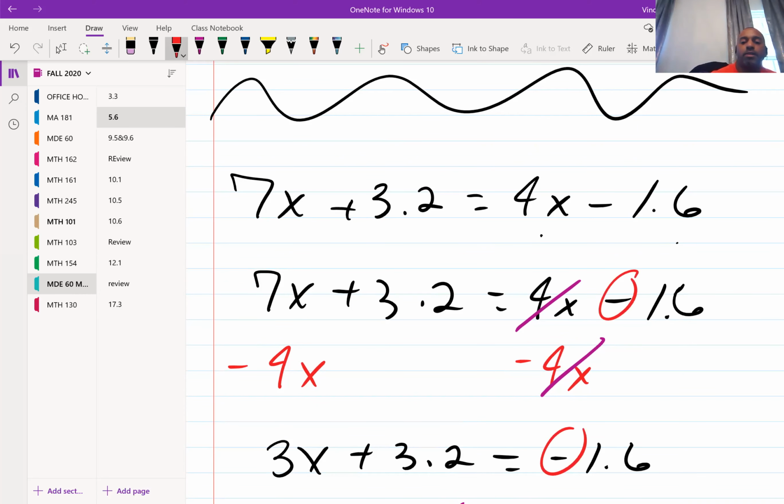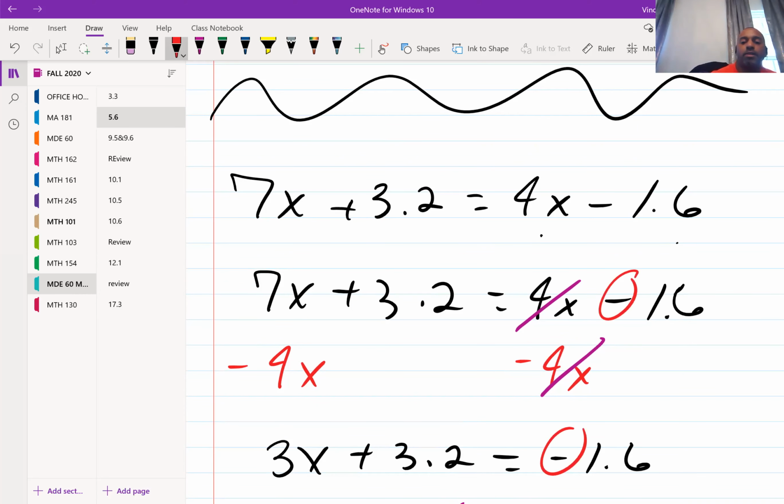Then we will subtract 3.2 from both sides. Three x's on the left.